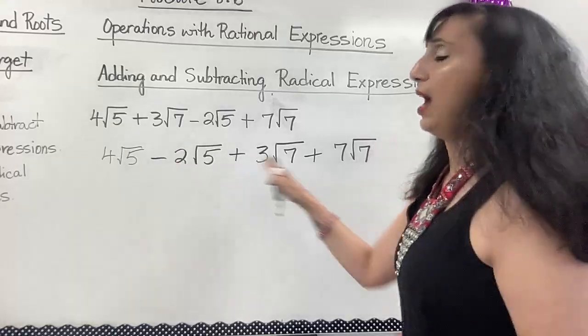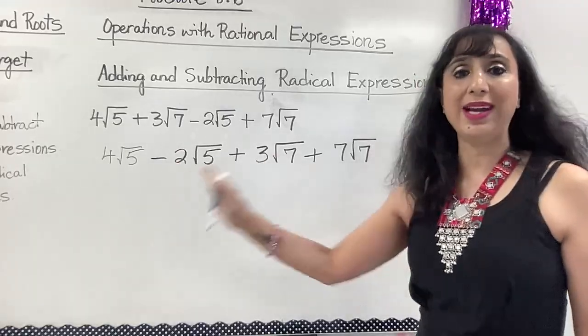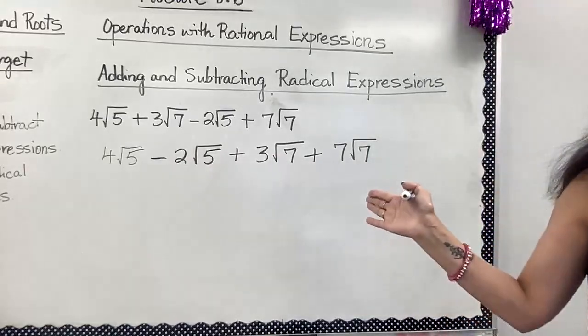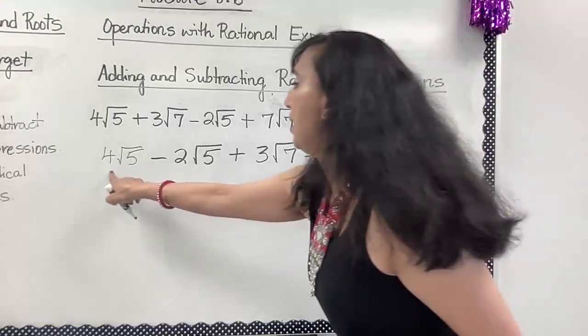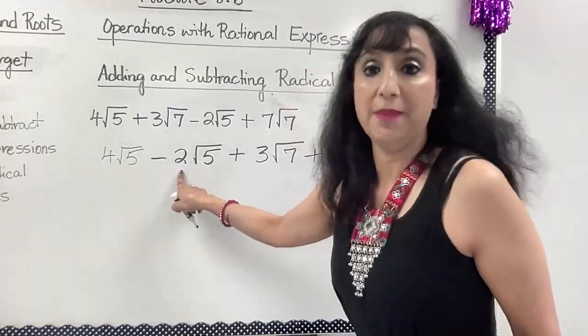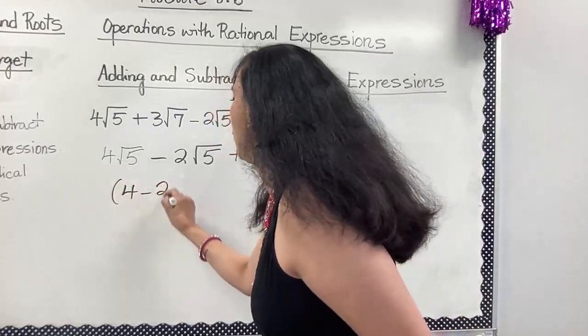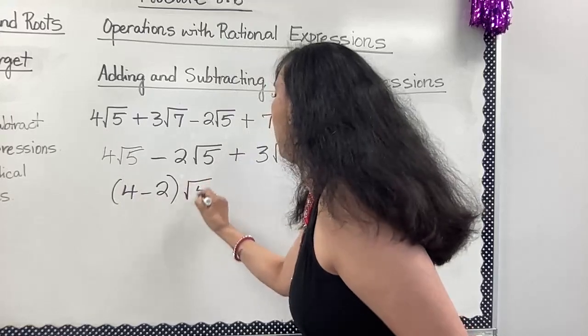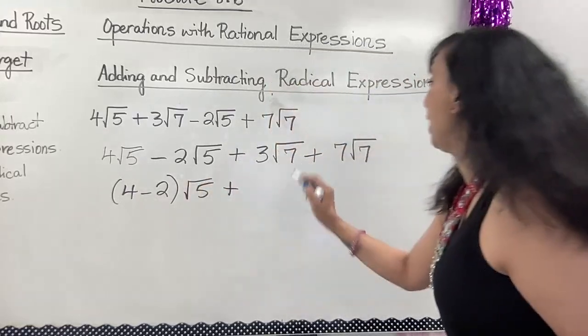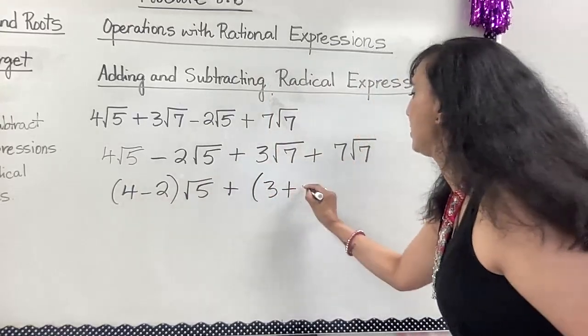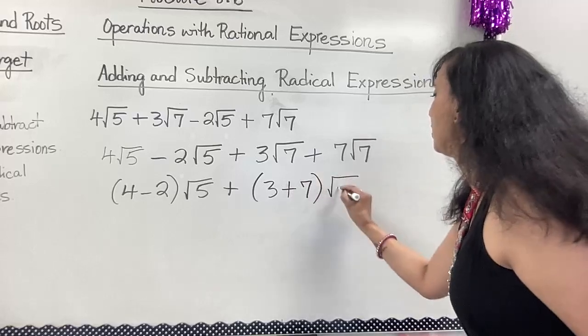So look what I've done. I have grouped the similar radicands together. And then next, all I have to do is remove this part. So let me do 4 minus 2 root 5 plus 3 plus 7 root 7.